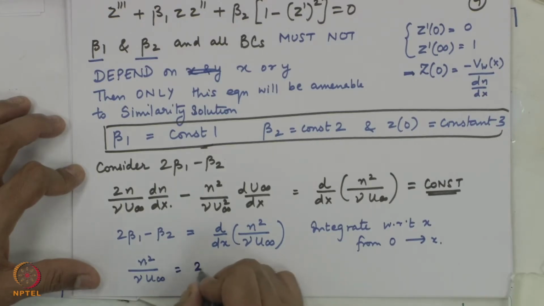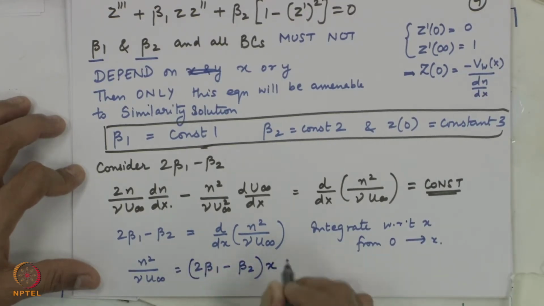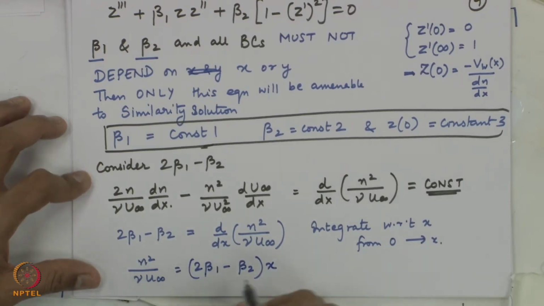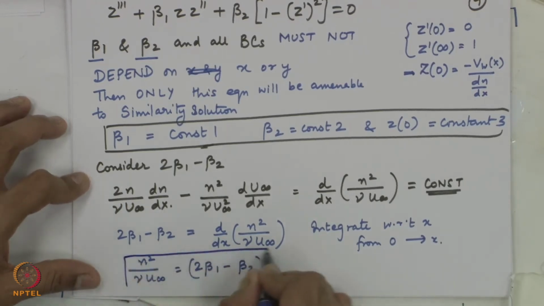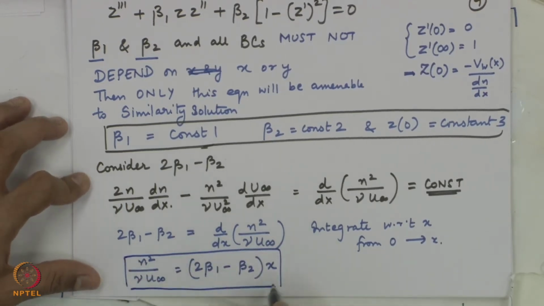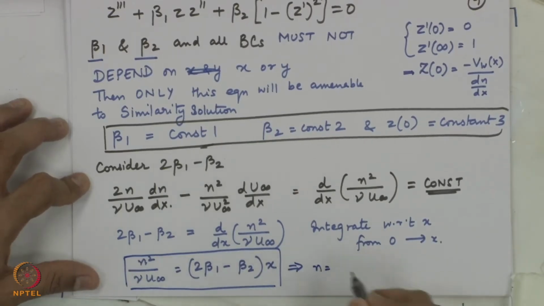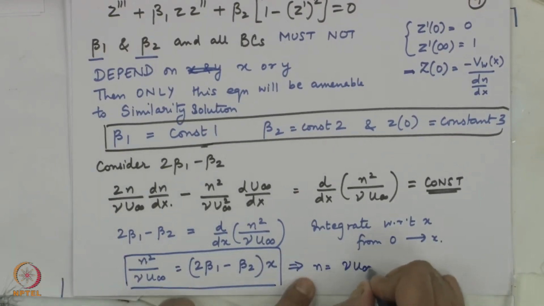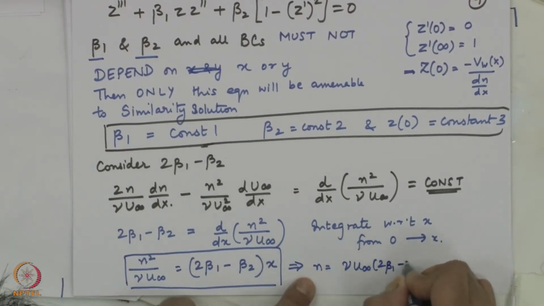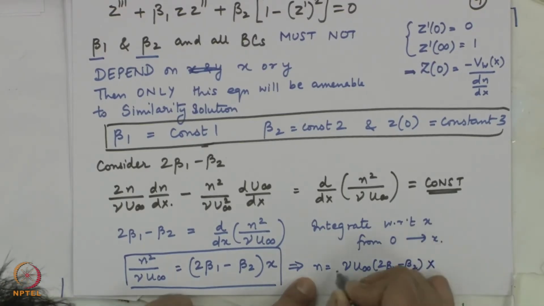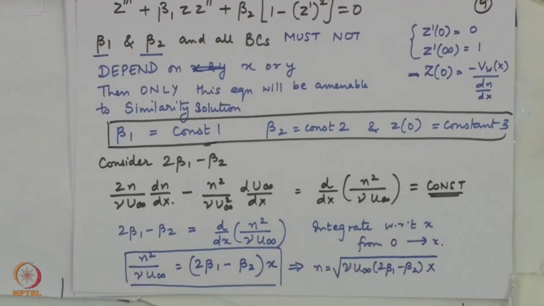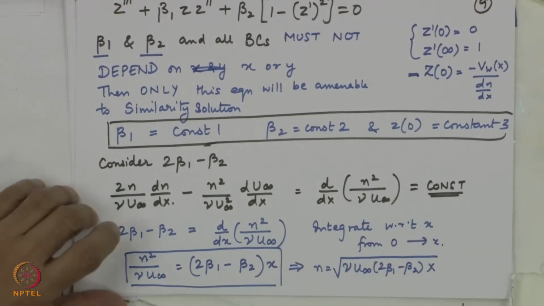Right hand side, 2 beta 1 minus beta 2 into simply x. Therefore, n is nothing but the square root of nu u infinity times 2 beta 1 minus beta 2 into x. We never told what this n was. Now, we are going to give it an expression. Let us keep this in mind.